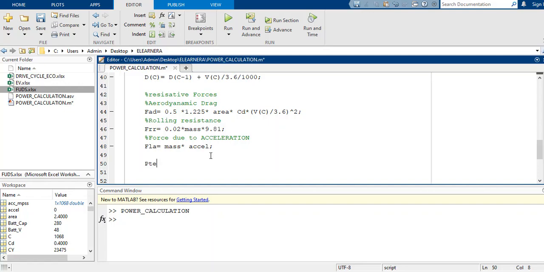PTE is equal to what is PTE? PTE is the total power.